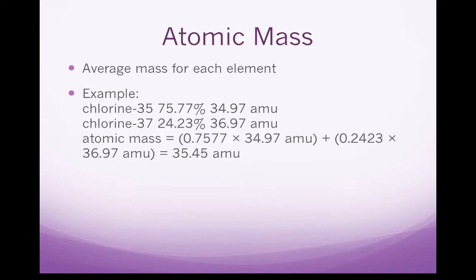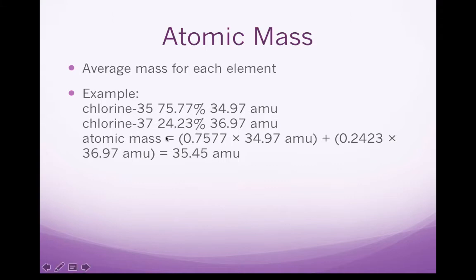Here we have chlorine. Chlorine has 2 isotopes, 35 and 37. The abundance of chlorine 35 is 75.77%, and its atomic mass is 34.97. Chlorine 37's abundance is 24.23%, and its atomic mass is 36.97.